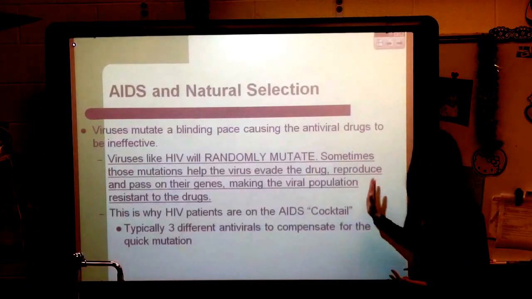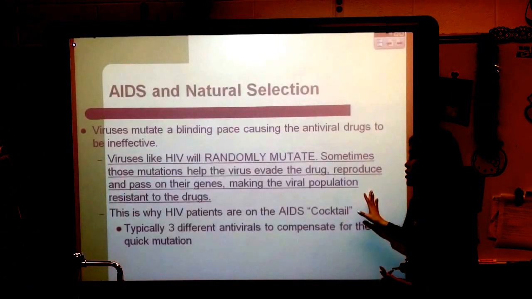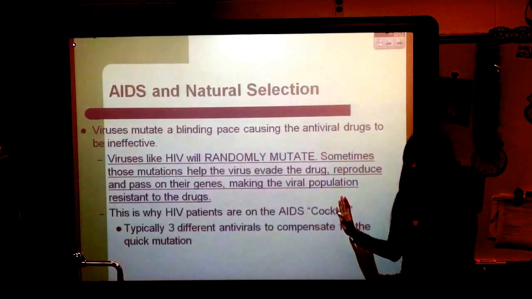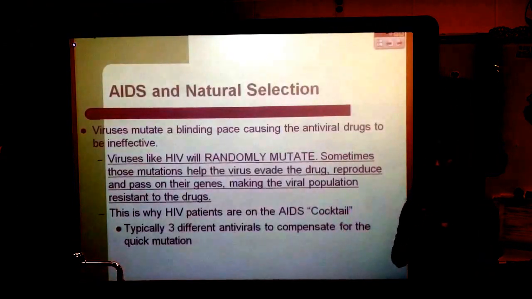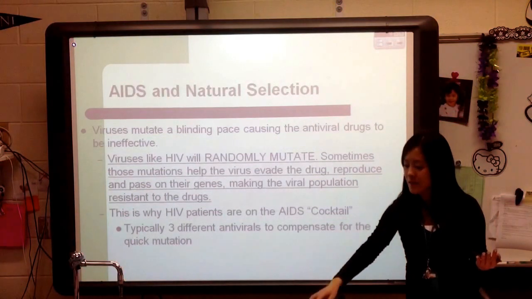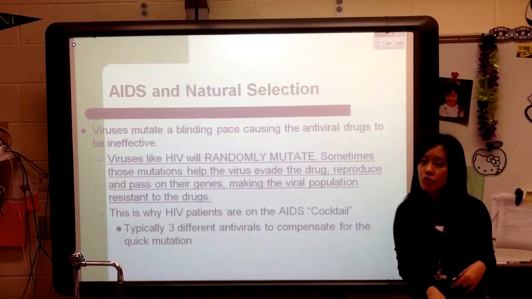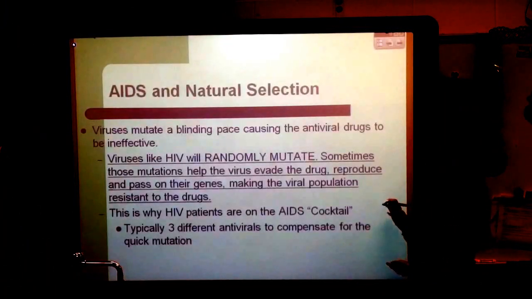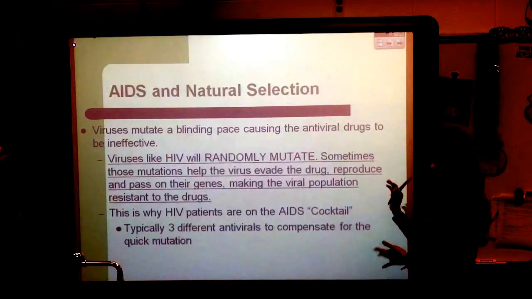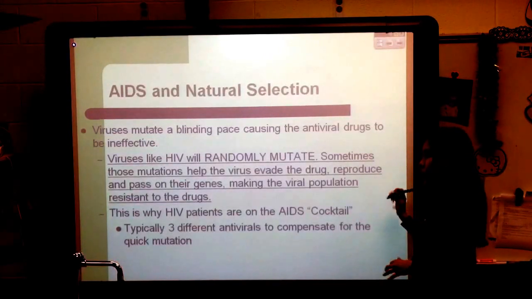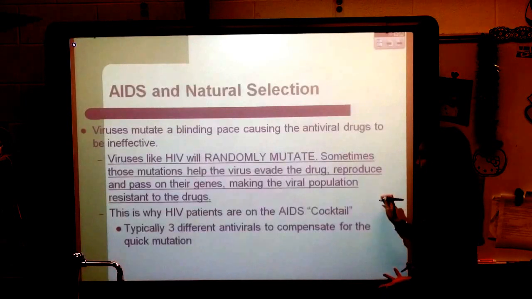In the next 3 slides, including this one, we're really talking about how the mutation occurs and allows the virus or pathogen to survive. And when it survives, it's going to be able to pass on its DNA to its future generations. So make sure you pause in the next 2 slides and take time to copy it down, and we'll talk about it more in class.